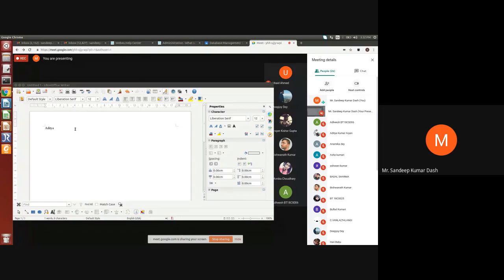Aditya, you can disconnect. Anamika De, sir, I think it's 45. Asha Kumari, 45, sir. Ashwini Kumar, sir, 45. Badal Sharma, sir, 45.